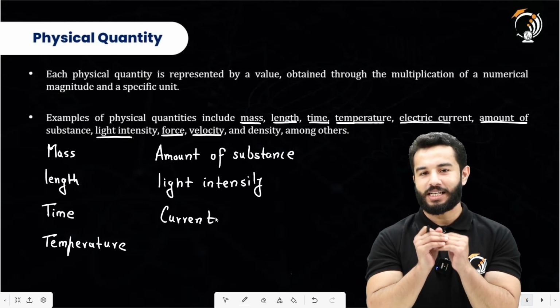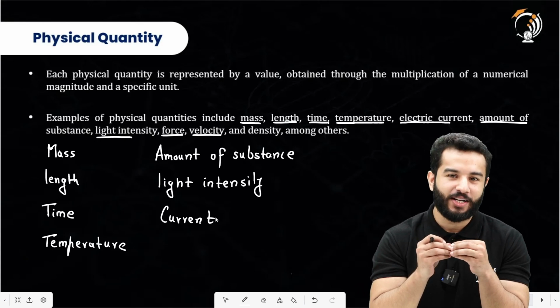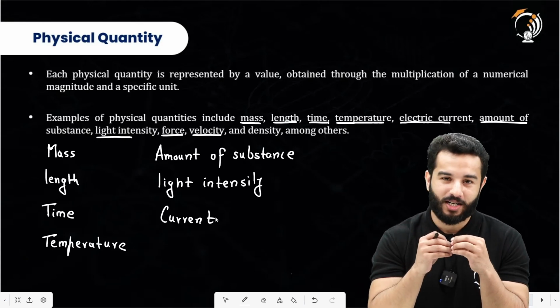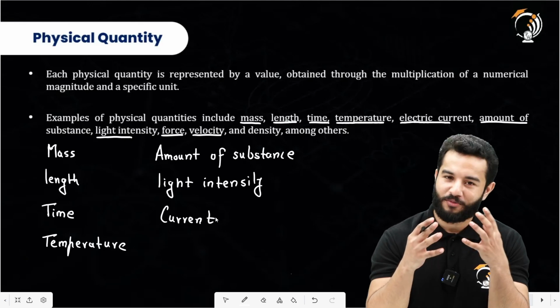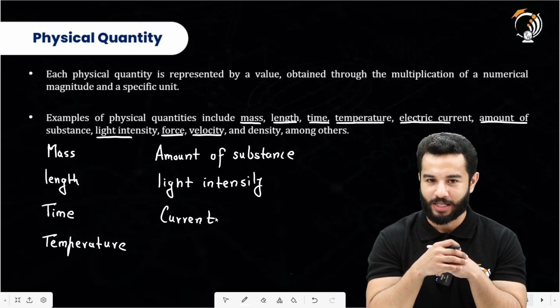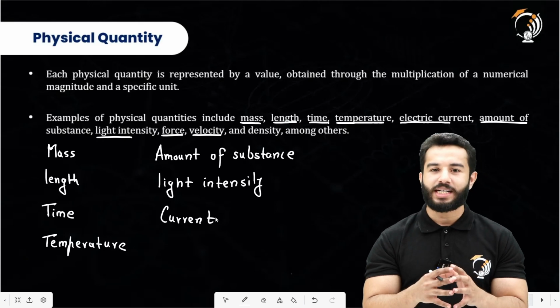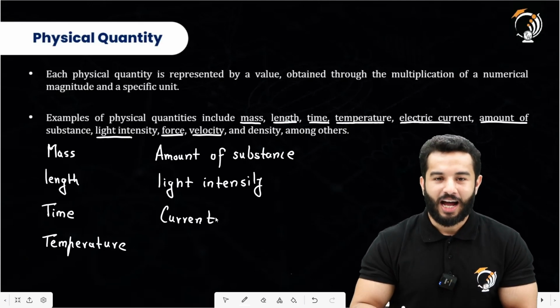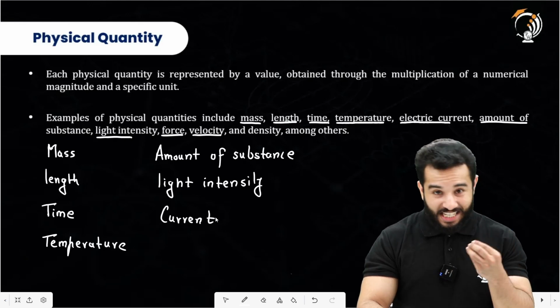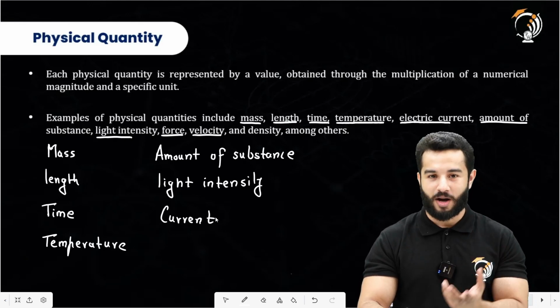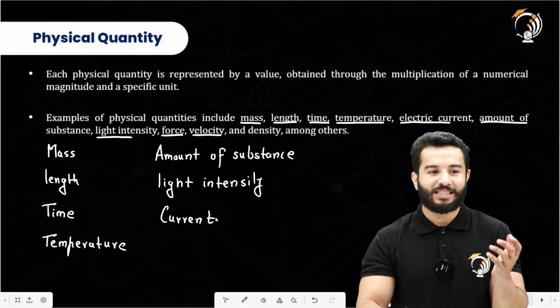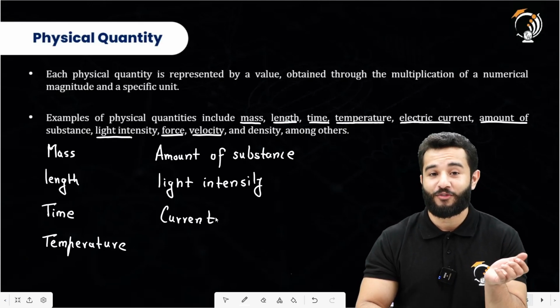There is no concrete reason behind choosing only these 7 quantities as fundamental quantities, but we can define what we mean by fundamental quantities. These quantities are independent of each other. We do not require any other quantity to define what mass is. But let's suppose you want to define speed.